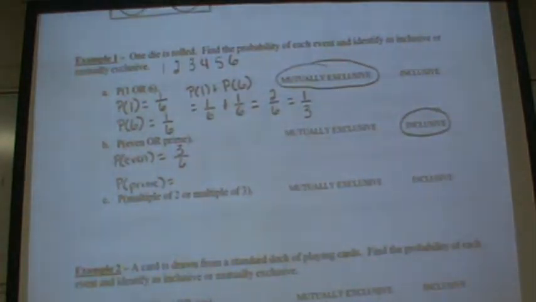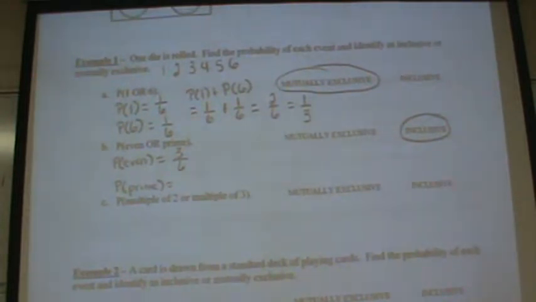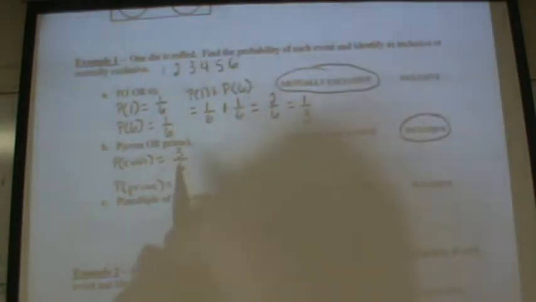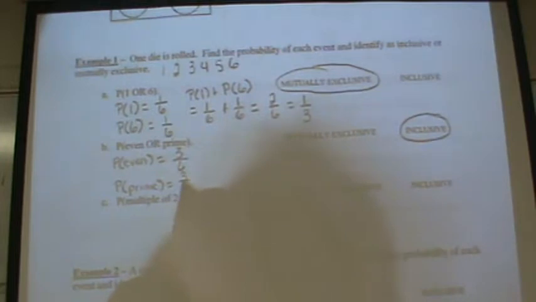And again, prime numbers have only factors of 1 and itself. And again, we're not classifying 1 as a prime number, so we just leave 1 out. So other prime numbers, we've got 2, 3, and 5. So again, we have a 3 out of 6 chance.